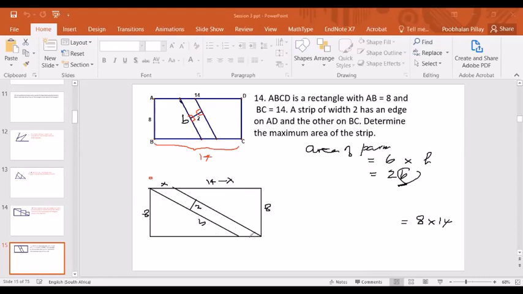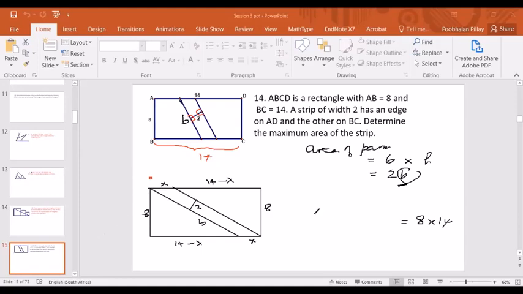This is also X here because this is a parallelogram. Opposite sides of a parallelogram are equal, so this will also be 14 minus X.